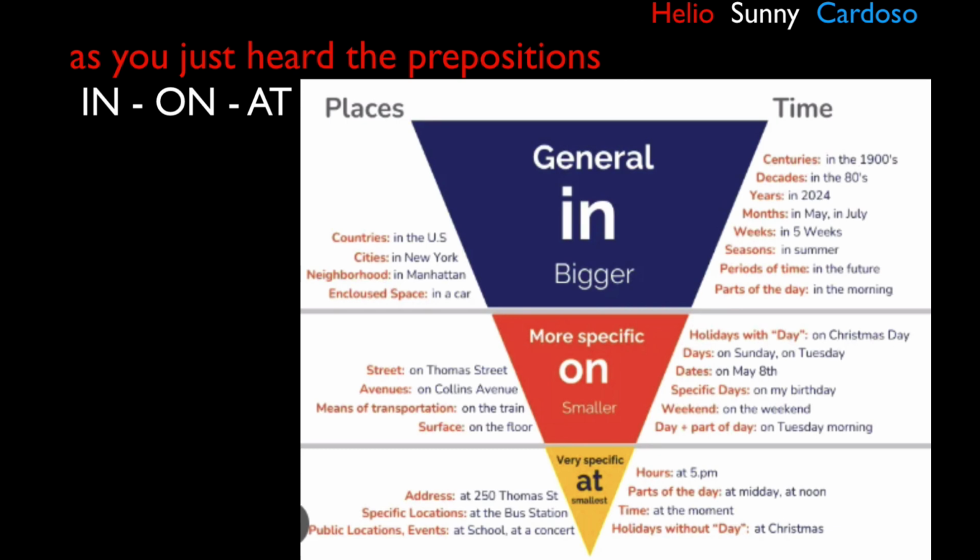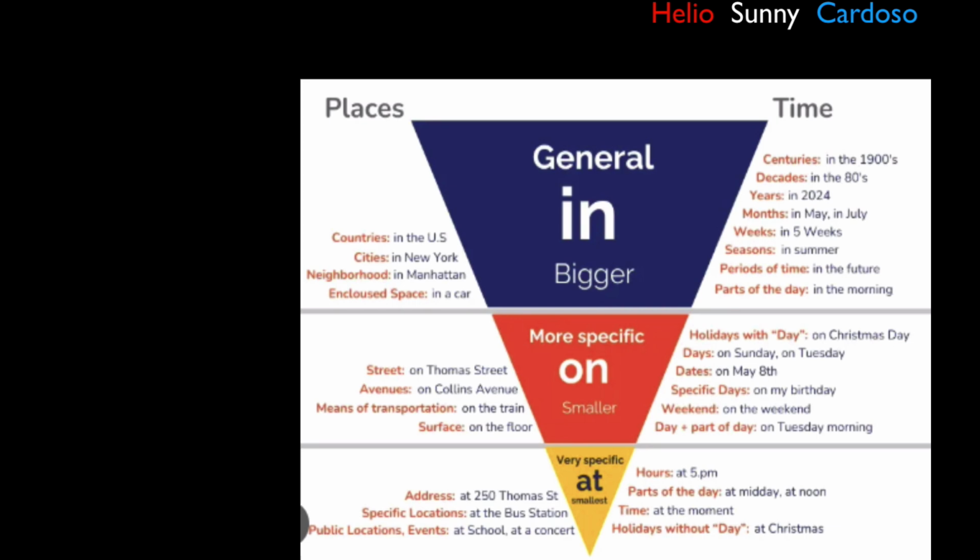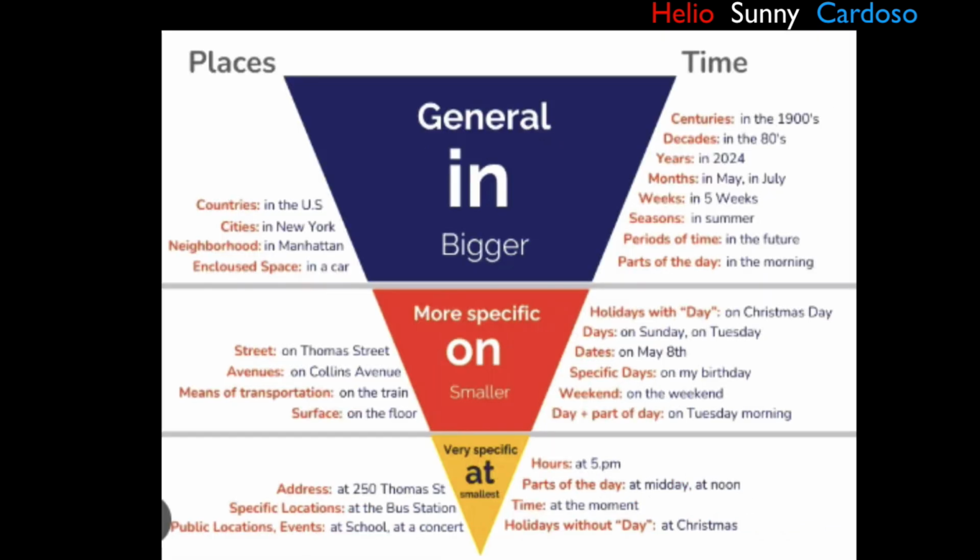Seasons of the year, in the summer, in the spring, in autumn. And then specific times, at 10 o'clock. And when you're talking about time, if you're going to put more than one type of time, like if you're going to say the day, the date, and the hour, you also begin from the bigger time to the smaller time and end with the specific time.